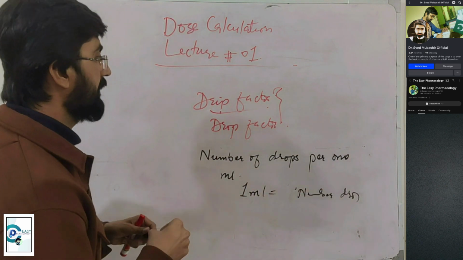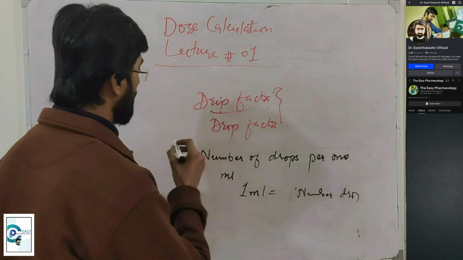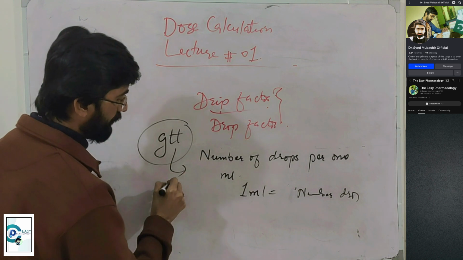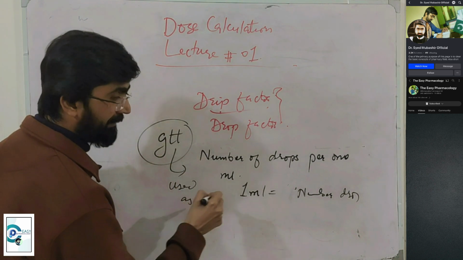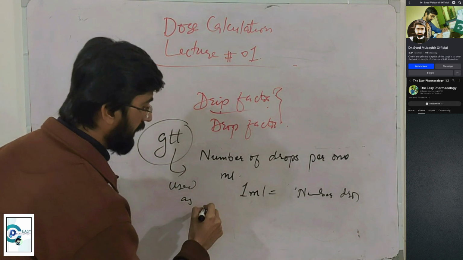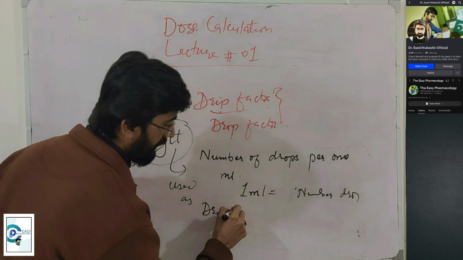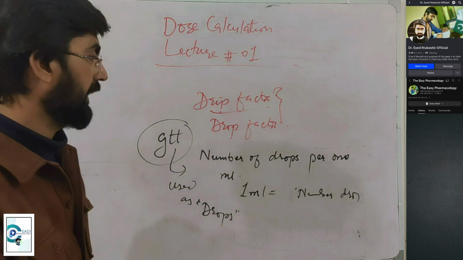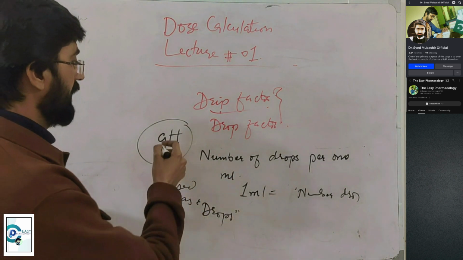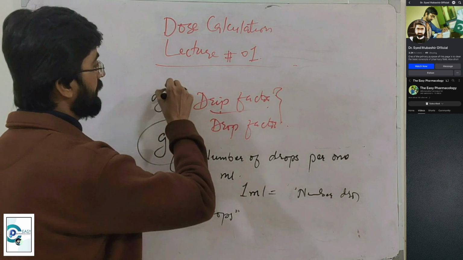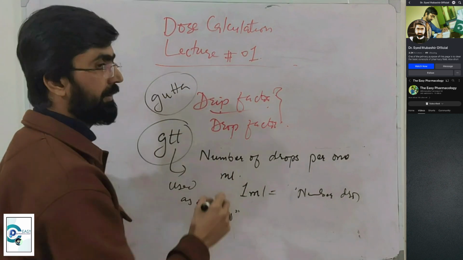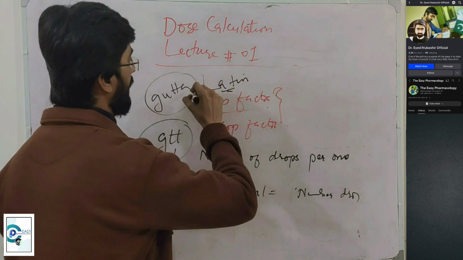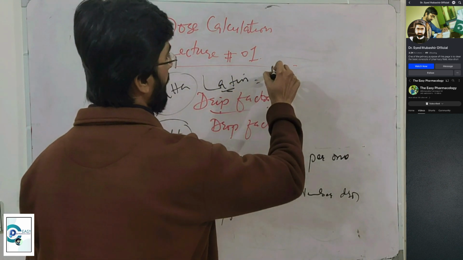By the way, there is an abbreviation GTT. This is also used as an abbreviation in place of drops. Instead of drops, we use the abbreviation GTT. Actually this is derived from the Latin word gutta, and the Latin word gutta means drops.